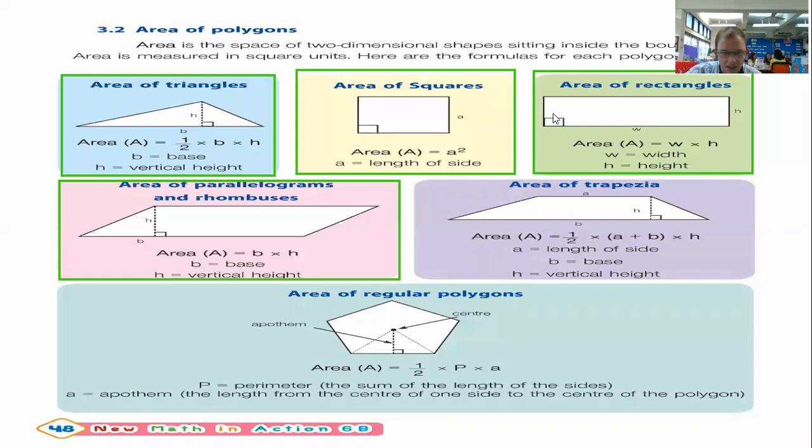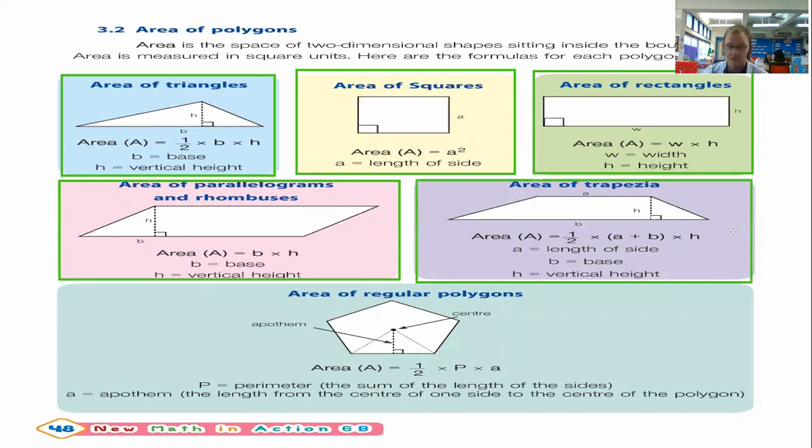So the trapezia is probably the one which has the longest formula. So this is also the one we have to practice so that we can remember it. So a trapezia is when you have two triangles at the ends, but they are not the same size triangles.